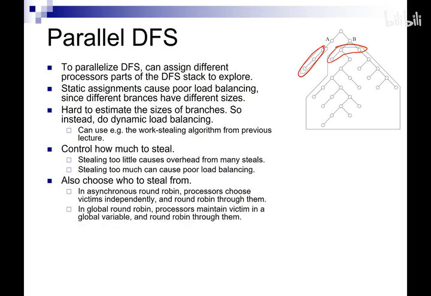Another method would be a global round robin. Here, all the processors maintain a common victim in a global variable. Each time any processor takes from that victim, it increments that variable. So we're all going to decide to steal from process 2 first, let's say. If I steal from process 2, then I change the victim for the next time to be process 3. Because I don't want to keep stealing from the same process over and over.